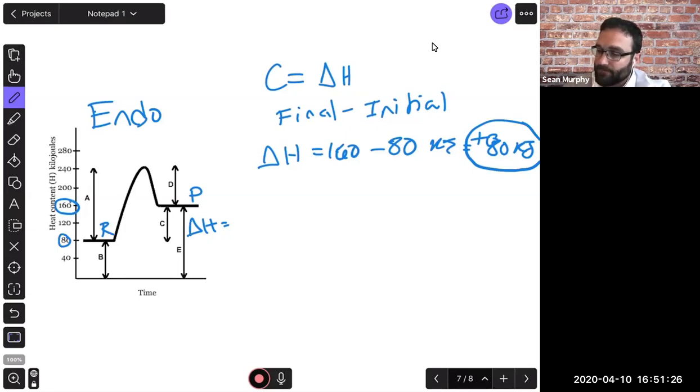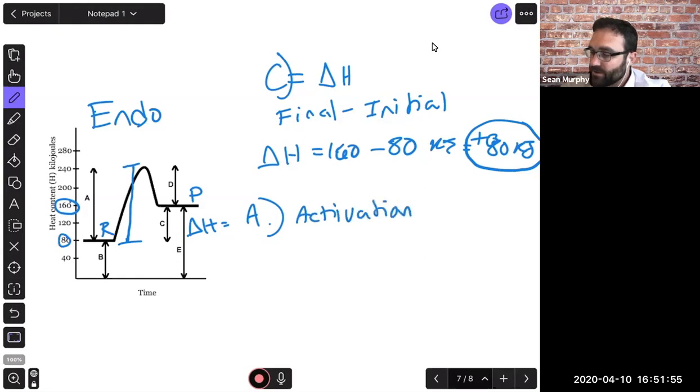Now if you look at letter A, now this is the reactants, and you're going to go up this big hill. Okay, right here for A, you got to go up that big hill. Think of that big hill as like the big speed bump, and we're going to call that A, the activation energy.